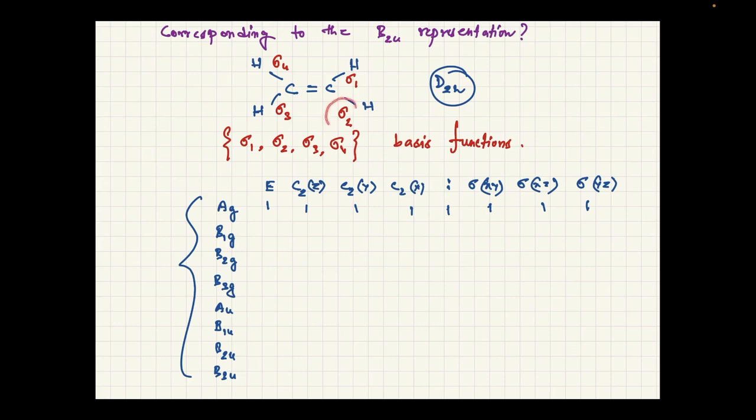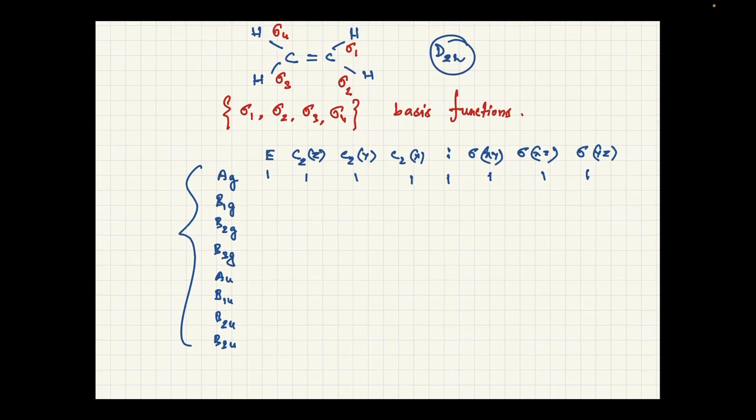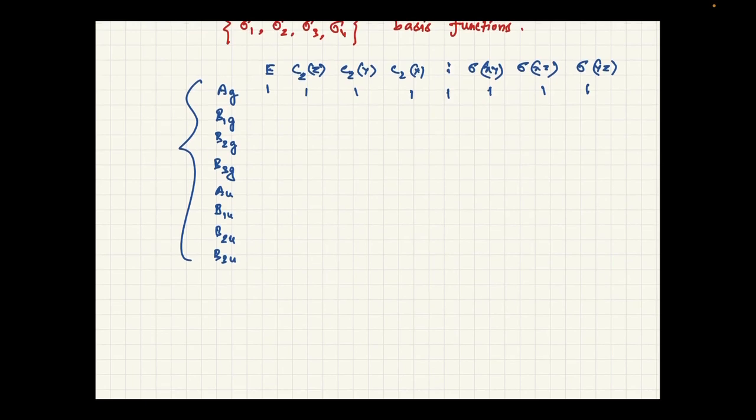And if some basis doesn't alter its position under some symmetry operation, then that basis will contribute to the diagonal term of the matrix representation of that symmetry operation. So it will contribute to the character of that symmetry operation in the reducible representation.